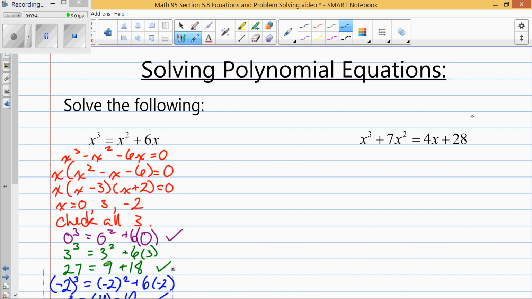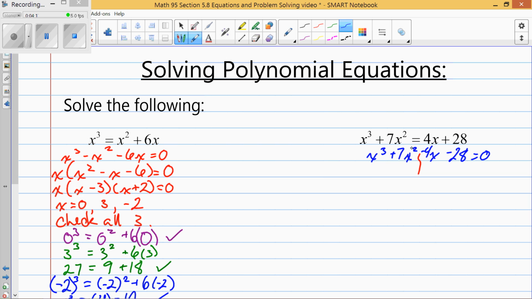For the other one, again, I'm going to subtract the 4x from both sides, subtract the 28 from both sides, and I wind up with x cubed plus 7x squared minus 4x minus 28 equals 0. This one we can factor by grouping. So I'm going to look at the left-hand side and the right-hand side independently of one another and factor.